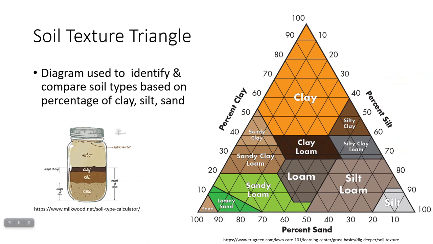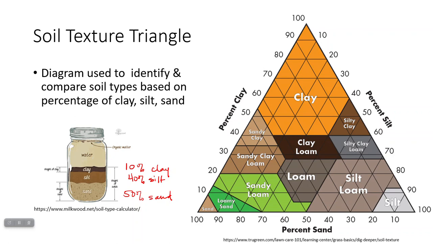So here is a soil texture triangle, and I'm going to go over how to use it. We're going to use that picture from the previous slide as an example, and I did an estimate. I estimated that this thing is 50% sand. Then I estimated about 40% silt and about 10% clay. Now, I know that you may disagree with these estimates.